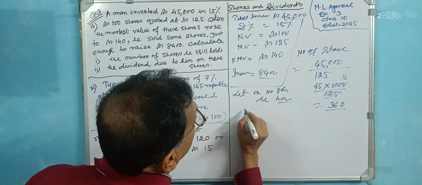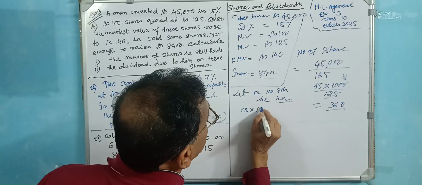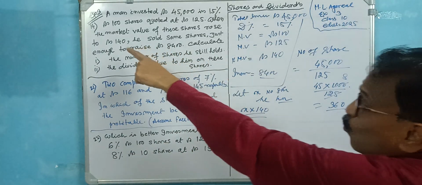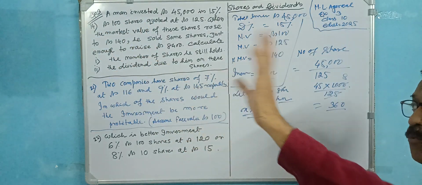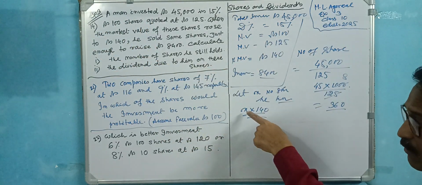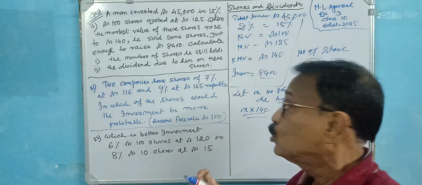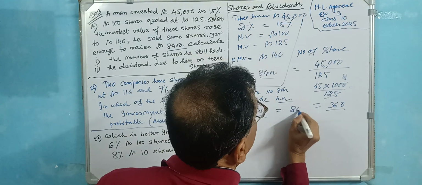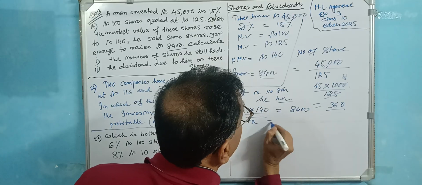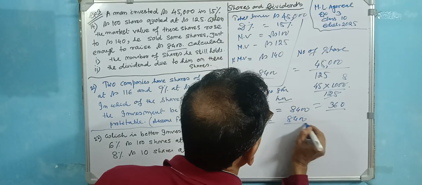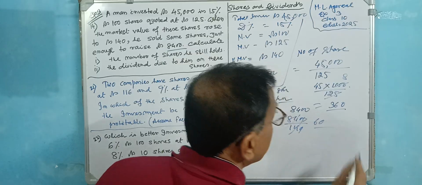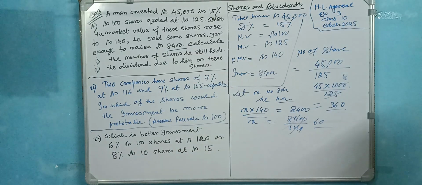So X into 140 is the selling price. The amount raised is 8400. So what is the value of X? 8400 divided by 140, very easy, is 60 shares. That means he sold 60 shares.